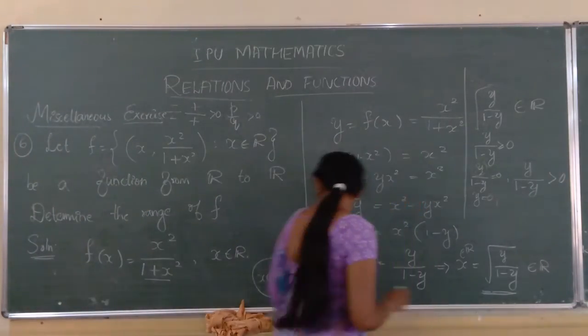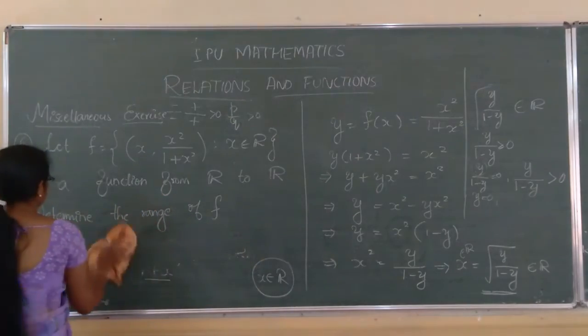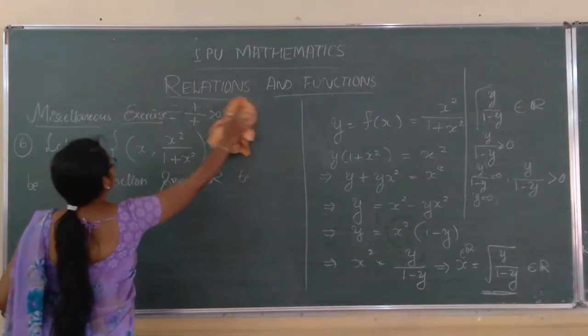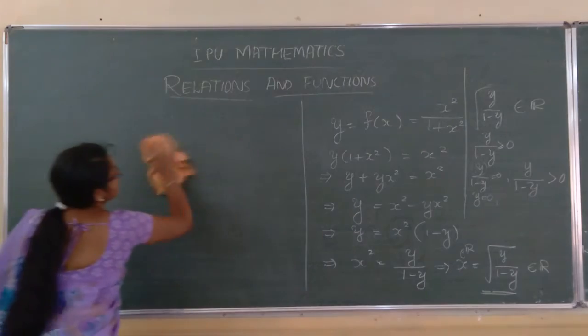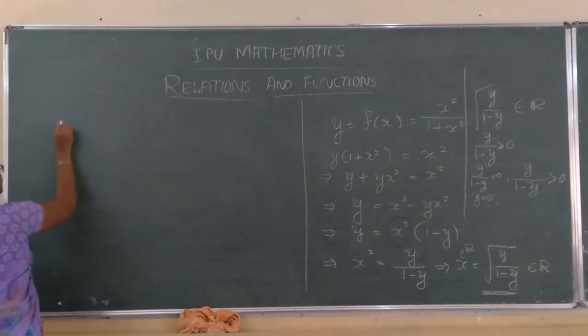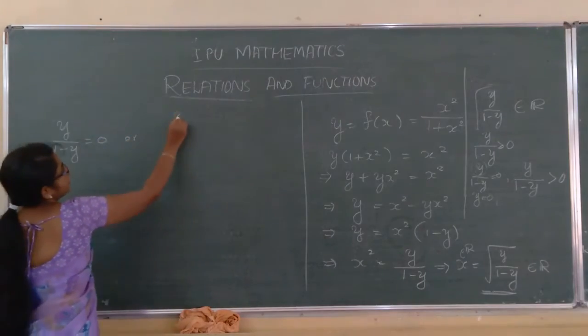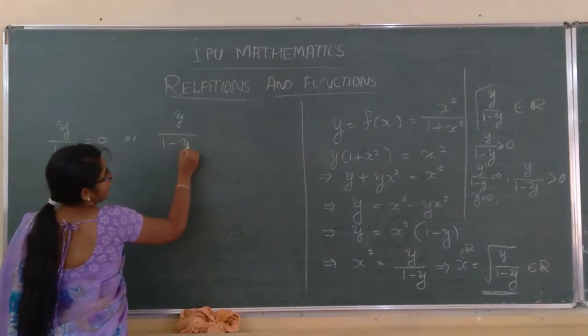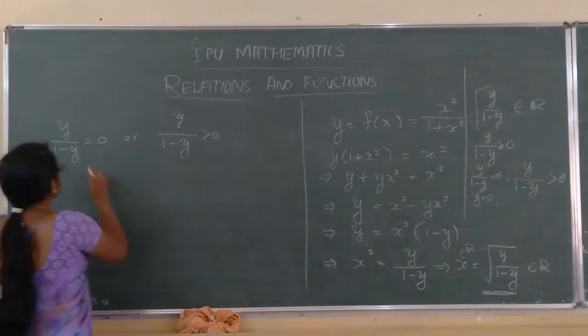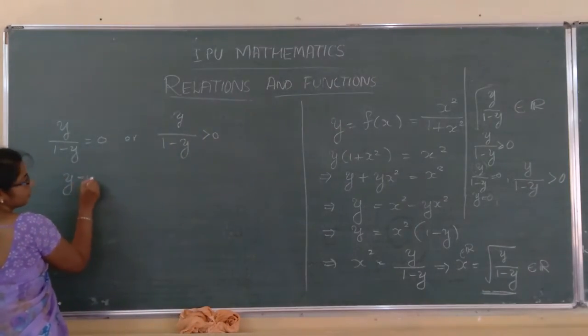One case is y divided by 1 minus y should be equal to 0. The other case is y divided by 1 minus y is greater than 0. This case gives us y is equal to 0.